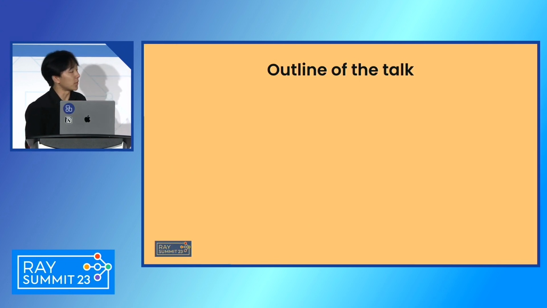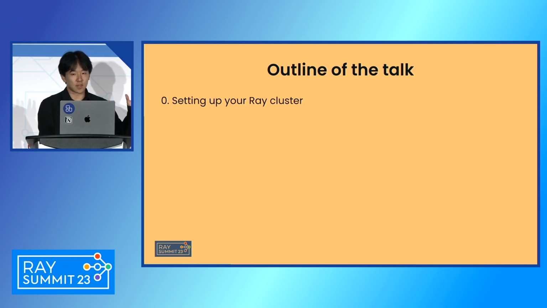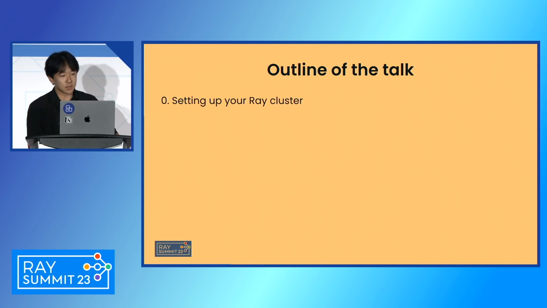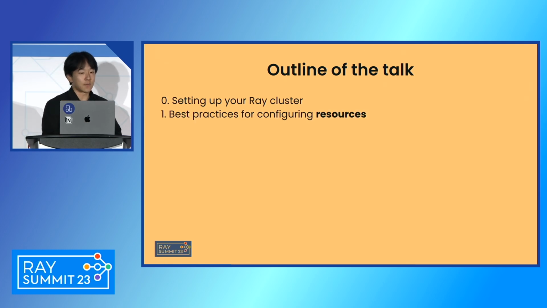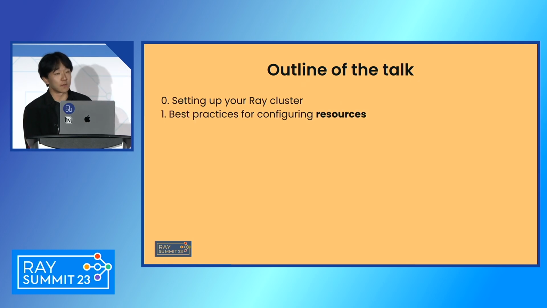Okay, so I'll first give a brief overview of the topics we'll be discussing. First, we will cover the recommended way to set up a Ray cluster. This is more of a prerequisite, so we won't dive too deep into this point. So we'll mostly focus on the next few points. The first one is best practices for configuring resources. So this relates to configuring and optimizing the compute usage, as well as determining the scale of your distributed training.